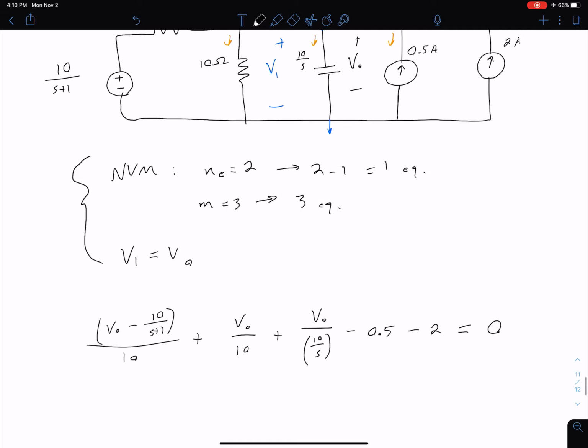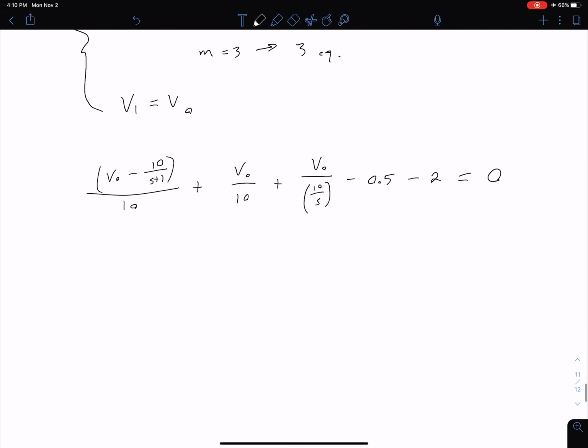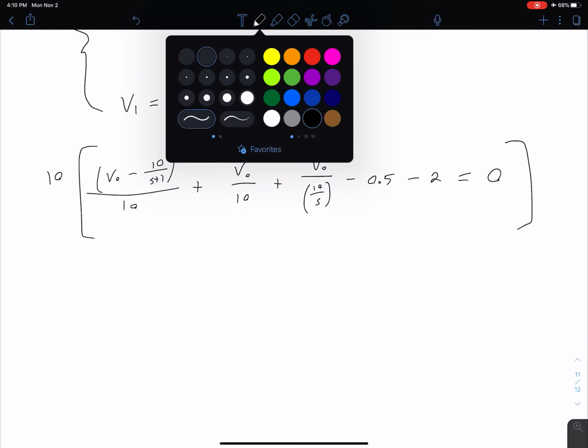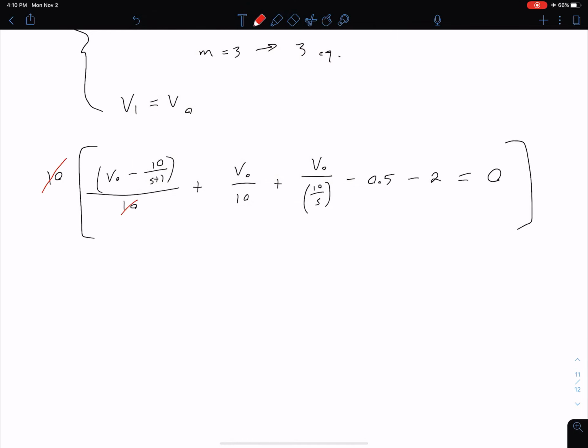The easiest way to deal with this: we see we have a 10 in the denominator in all of these fractions, so let's just multiply everything by 10. That's to get rid of these denominator terms, so this 10 is going to cancel out here, here, and here, and then we're going to have 10 times these two terms.